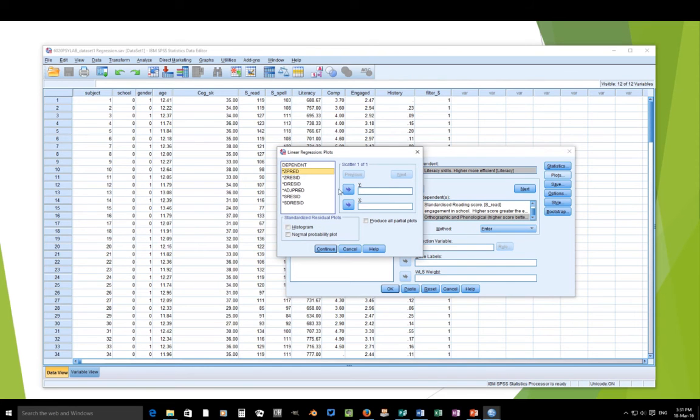So we want our Z predict goes on the x-axis. So that's a standardized predicted score for the DV. And it's predicted based on the combination of all the IVs. Okay, and it doesn't include the actual DV because it's just our prediction of what the DV would be based on the IVs.